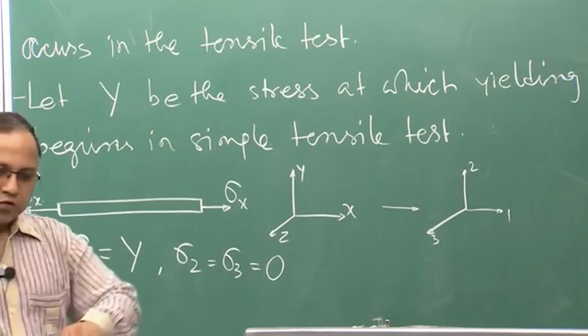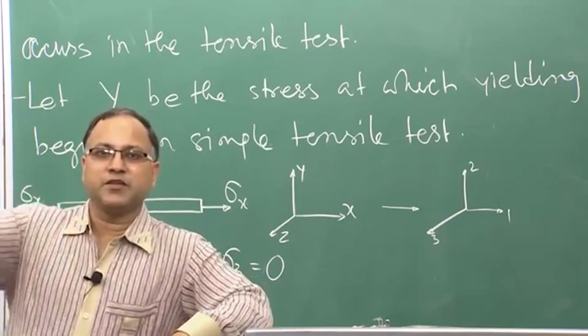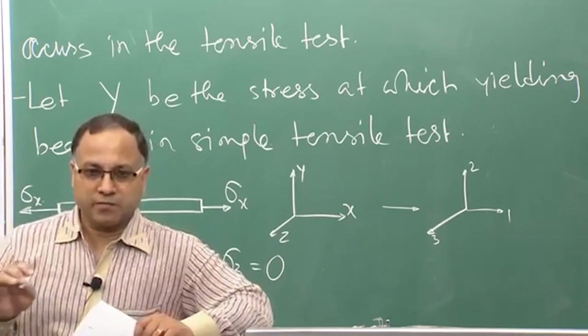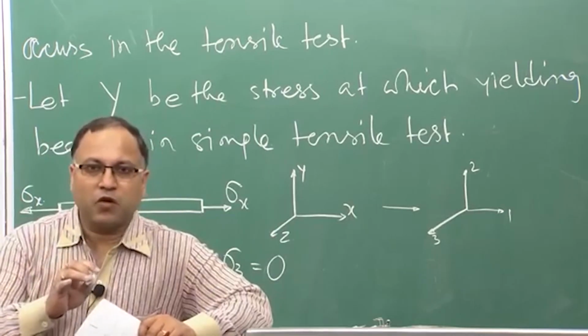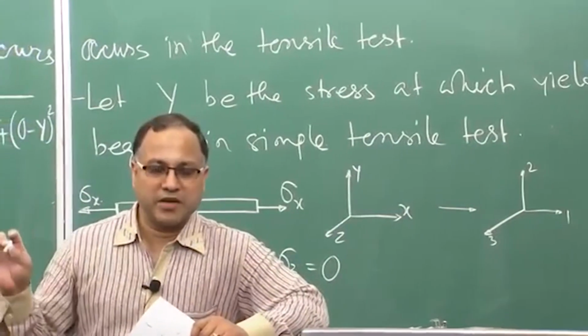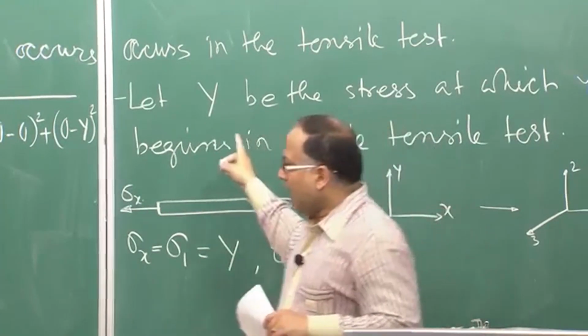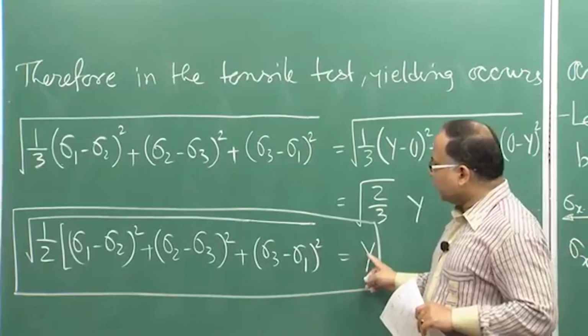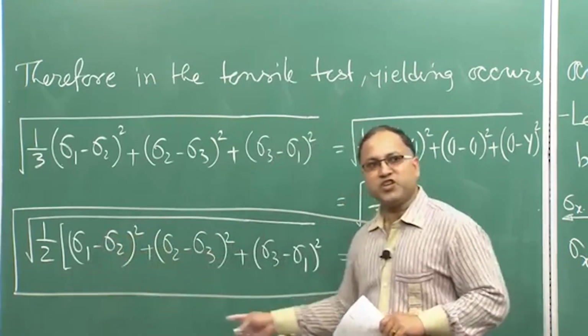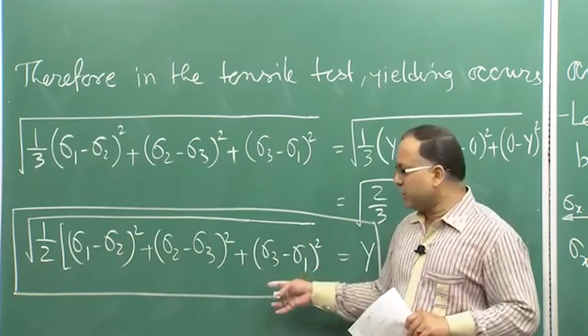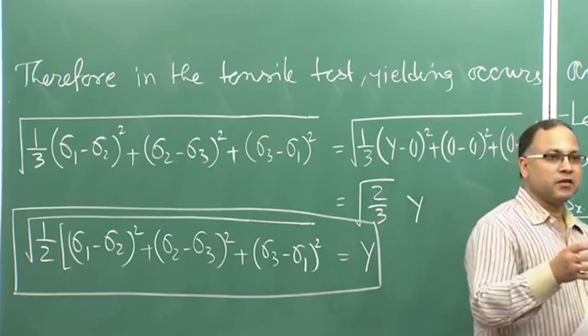So, whatever material you are considering in 3-dimensional state of stress, you just perform the simple tensile test on the same material, you find out y from the laboratory, okay, and then that y should be equal to the combination of sigma 1, sigma 2, sigma 3 in such a way that it should satisfy this equation.